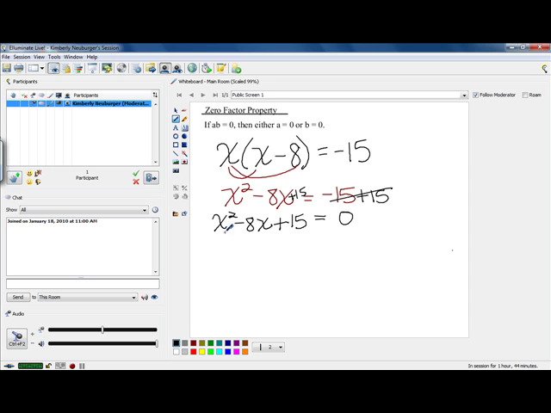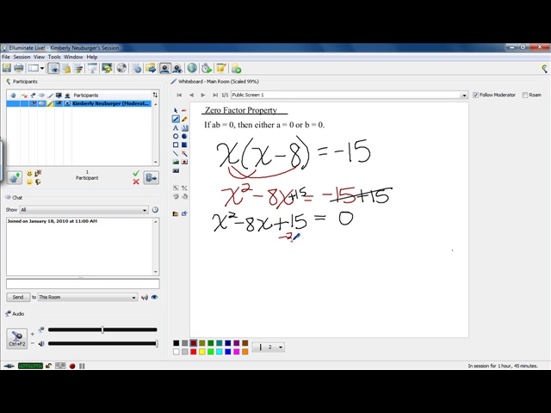So I first look to see if there's anything in common here, following the same two-step process we've been looking at for factoring. And I notice nothing's in common with any of these terms. So then I ask myself, how many terms are there? And there's 1, 2, 3 terms. And I notice that the first term has a 1 for a coefficient. So that means I can use my shortcut. I need to find two things that multiply to get positive 15 and at the same time add up to negative 8.